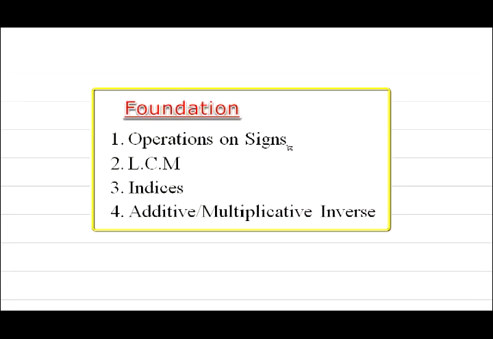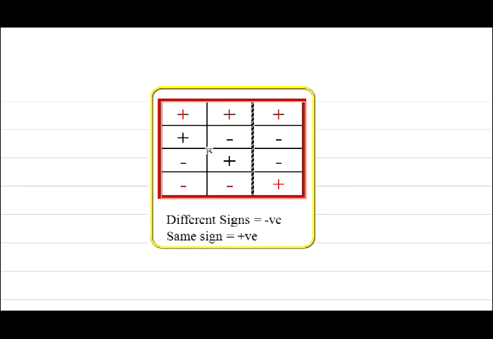Signs. Do you remember when we were talking about signs, we talked about when a positive sign multiplies a negative sign? Let me bring it out for you to remember.